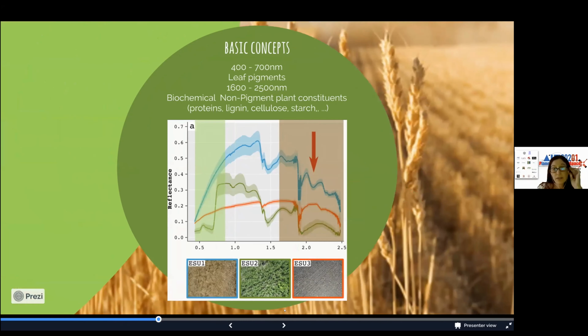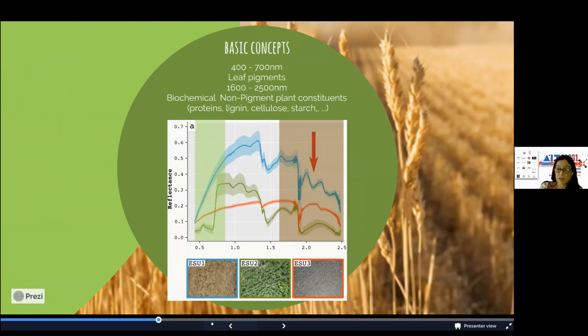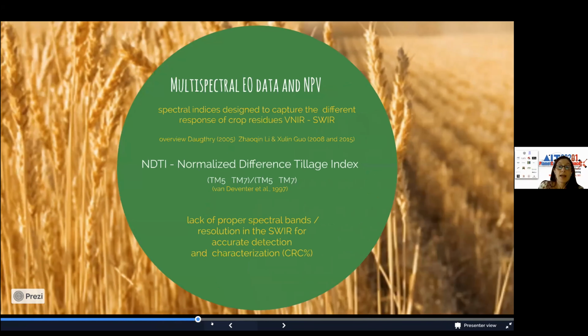The basic concept is this part of the spectrum is dominated by pigments, and this part of the spectrum contains information on non-pigment plant constituents like proteins, lignin, cellulose, and starch, something we are interested in.